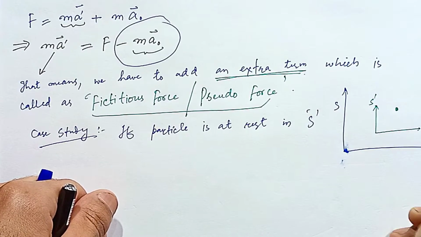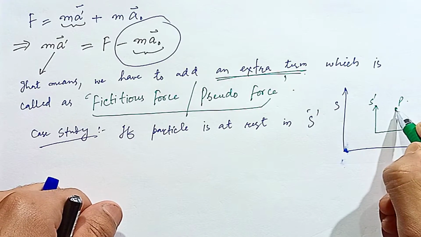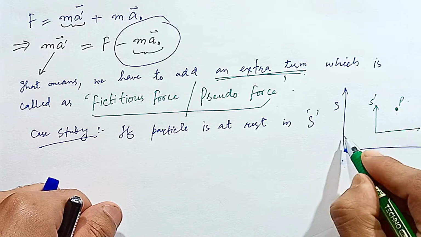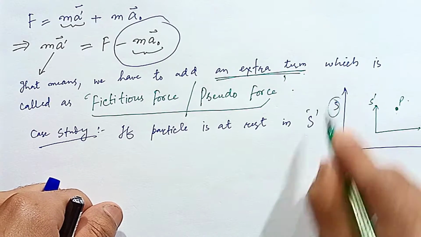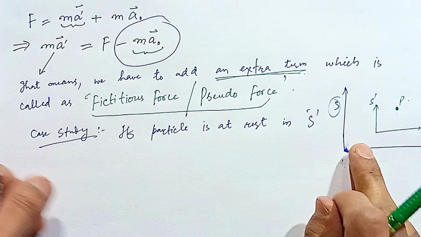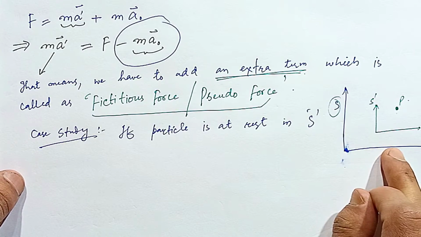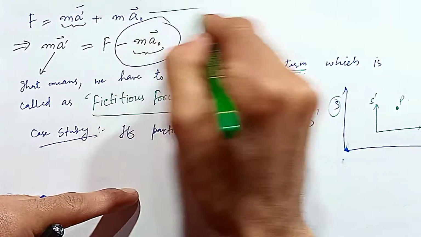We have particle P here. We have considered this particle at rest with respect to the frame of reference S, an inertial frame of reference. So no force is observed inside the frame of reference S.